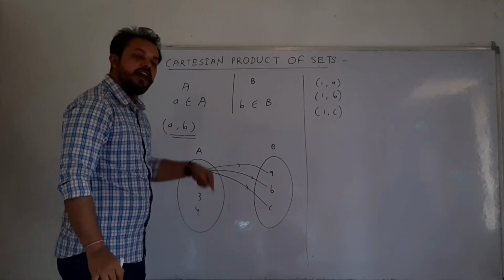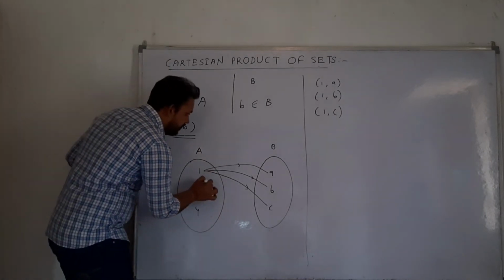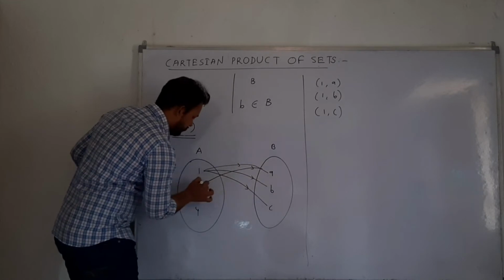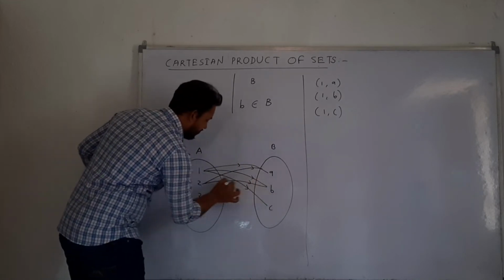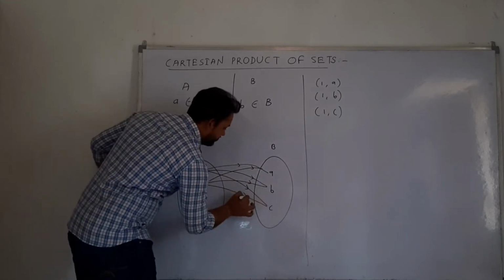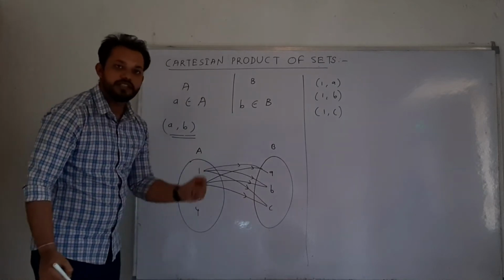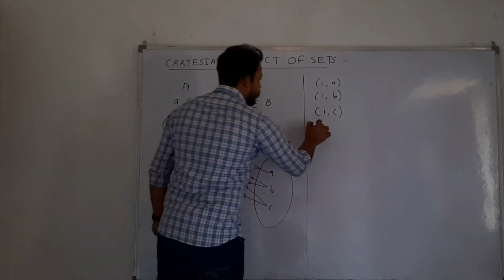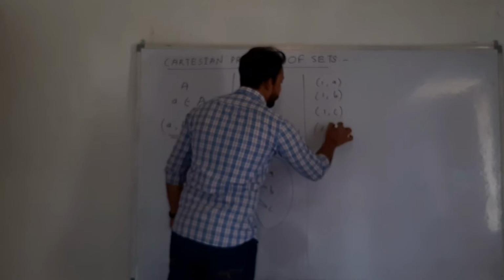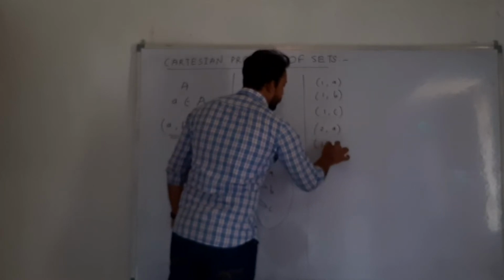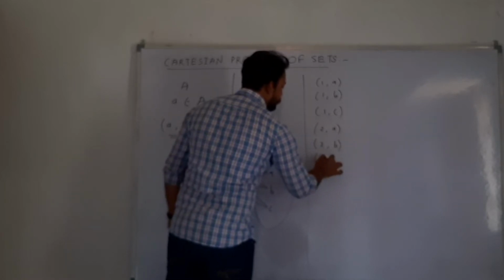After that, again 2 is related with a, b, and c, so we get the ordered pairs (2, a), (2, b), and (2, c).